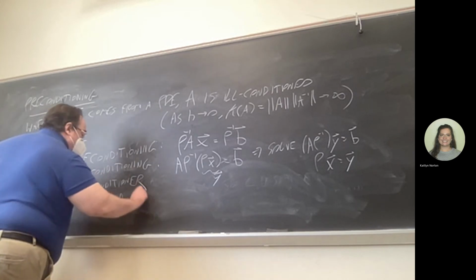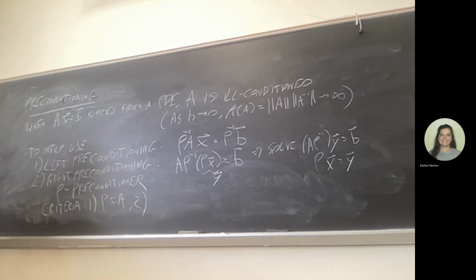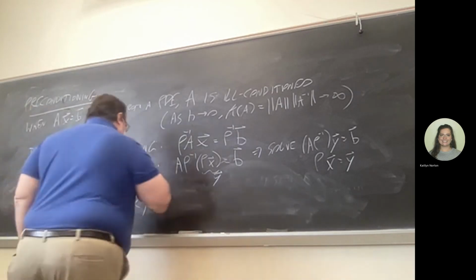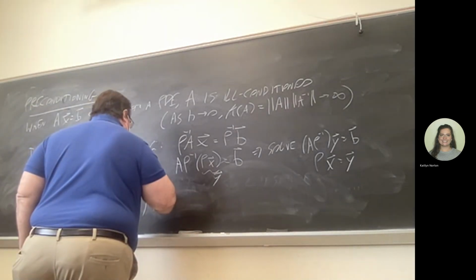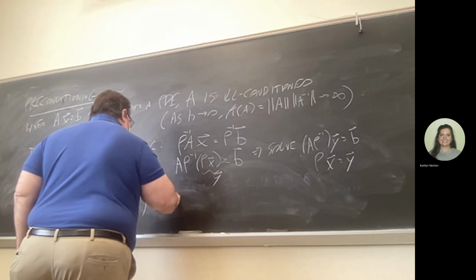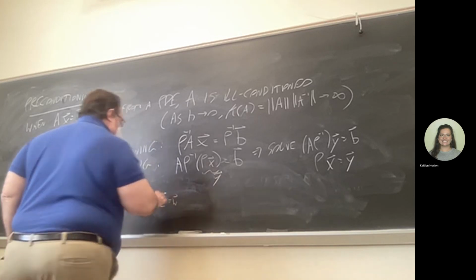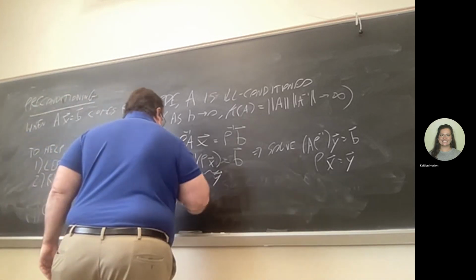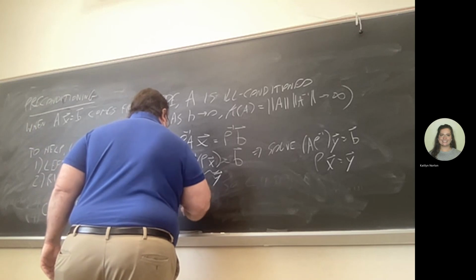So that system would be easier to solve. The second criterion is that P must be easy to invert. So Pz equals w, and just making up generic vectors z and w here, needs to be easy to solve.